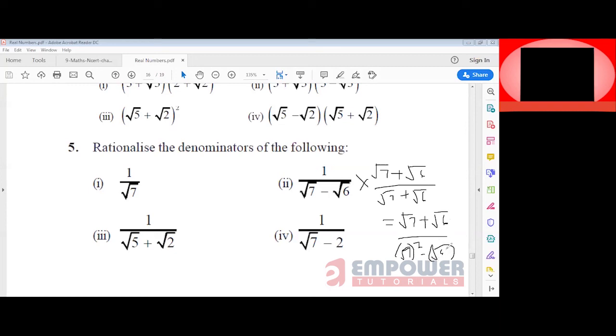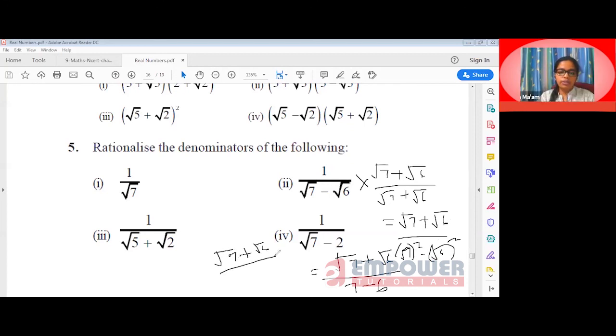Next, root 7 plus root 6 upon 7 minus 6, which is equal to root 7 plus root 6 upon 1. Very good, so 7 minus 6 will be 1. So you can also write it as root 7 plus root 6. This will be the answer of the second one. Your denominator will be 1, which is a rational number. So this is how you have to solve.